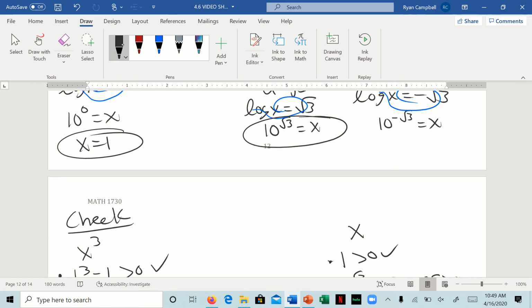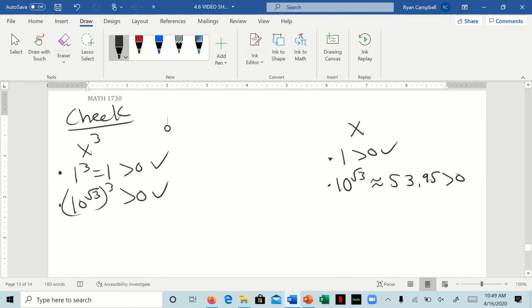Let's look at 10 to the negative square root of 3. Remember, a negative power does not mean it's a negative number. It means that you got to flip it, right? So 10 to the negative root 3 is just 1 over 10 to the root 3, which would be about 1 over 53.95.